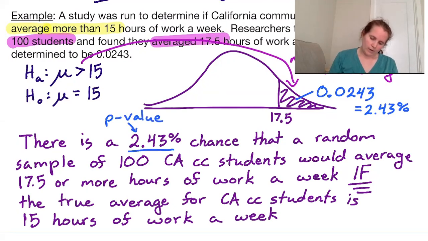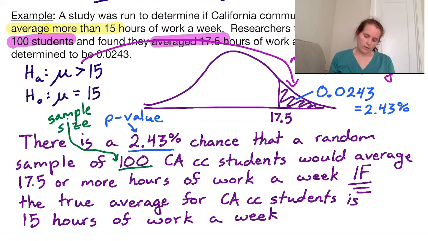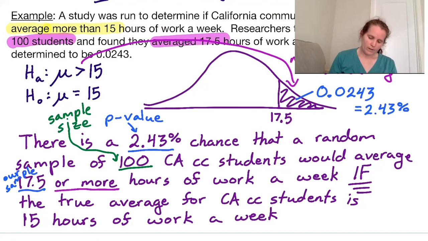Next up, we have our sample size. The 17.5 is our sample. The "or more" is the direction of our alternative hypothesis.